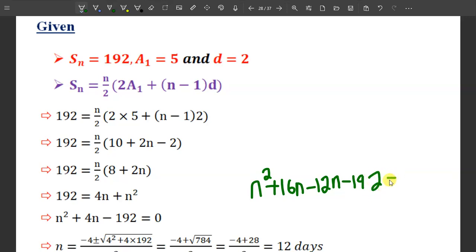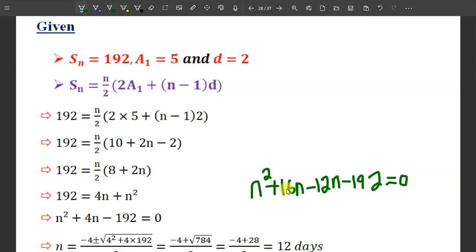Now we didn't add anything, we didn't subtract anything from this equation. We simply split this number so that the sum of those 2 numbers gives us 4 and the product gives us minus 192.